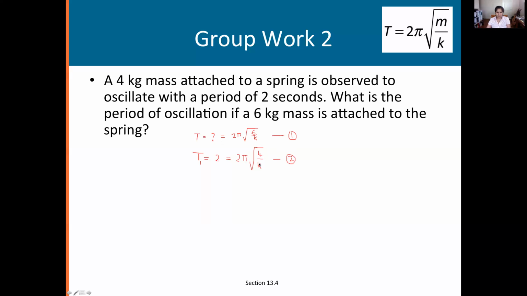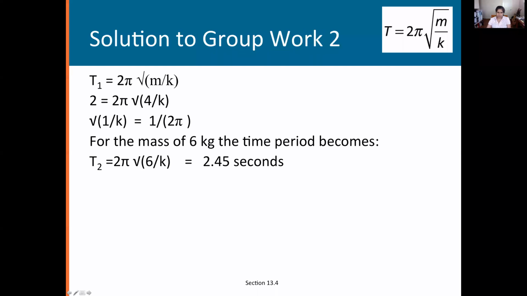So I get 2 over T on the left-hand side equals root 4 divided by root 6. And then you just need to solve for this and see what you get. You should get the same as me, which is 2.45 seconds.